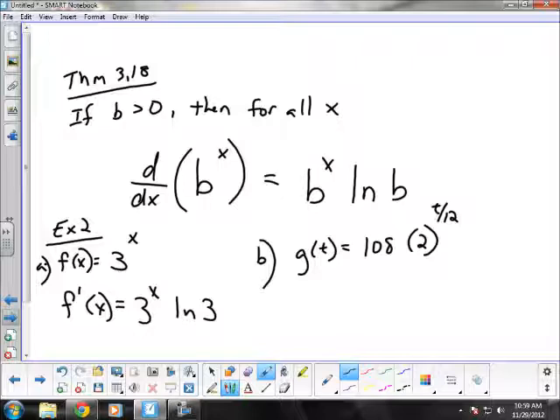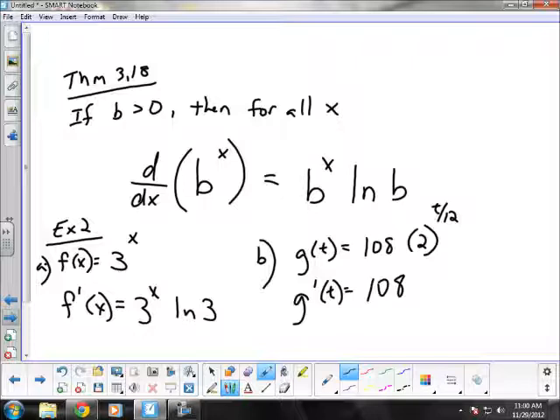It's multiplied by a number, but what do I know about all of my derivatives that I had so far that had a coefficient? You just bring it down, right? Just bring the coefficient down. So when I take the derivative of g, then I'm just going to bring down the 108 just like I've been doing because it's just a coefficient and it's going to work that way every time.